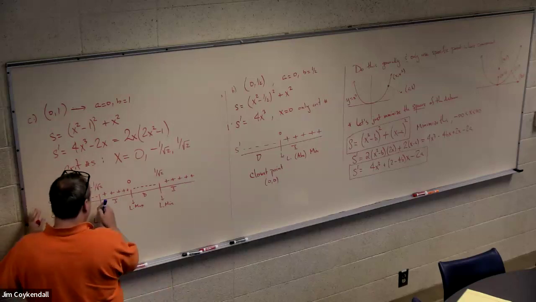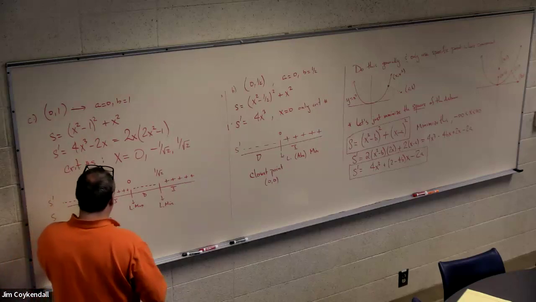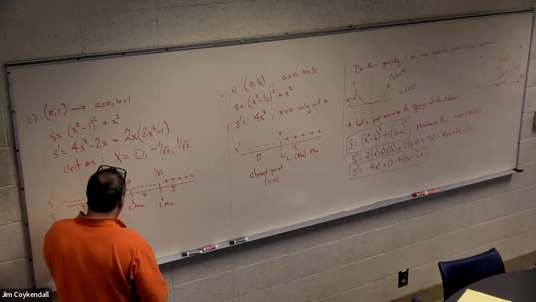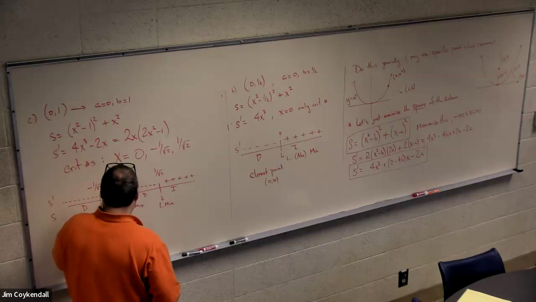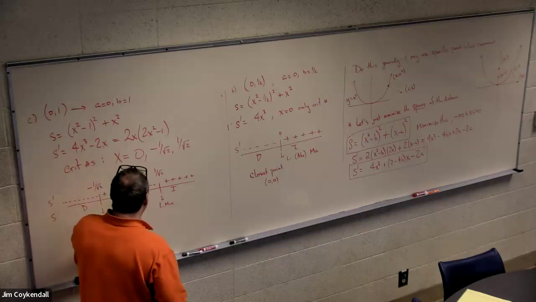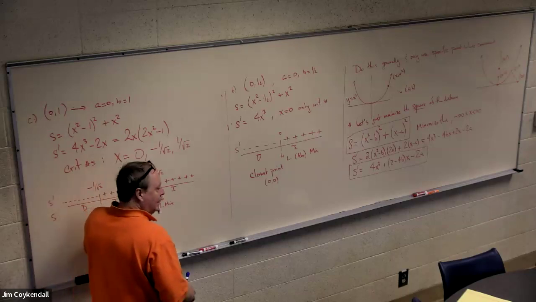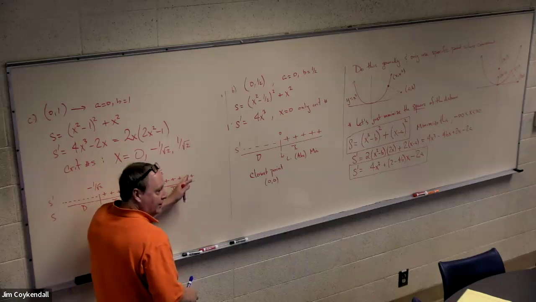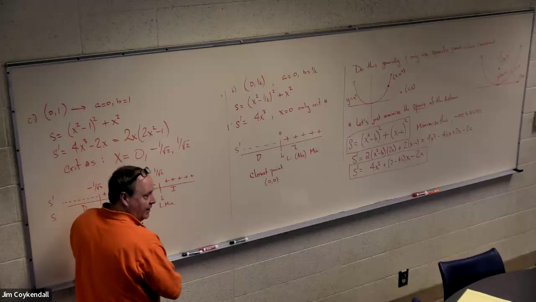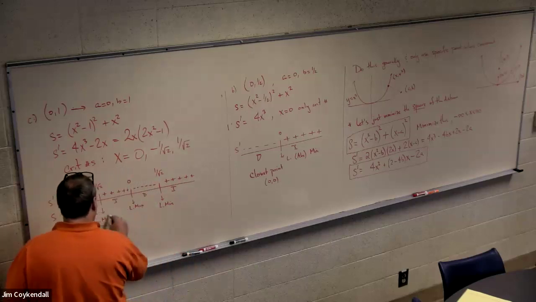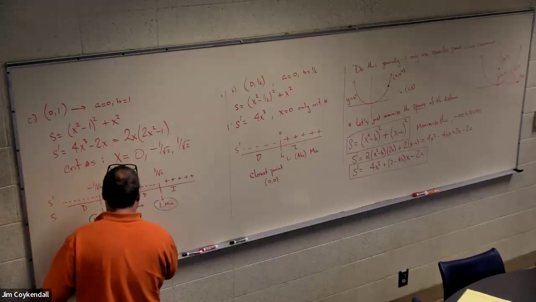Far away, you're getting closer and closer to the point. Now you're getting farther from the point. So after this, it's getting bigger. Now you're getting closer again, and now you're getting farther. So these are the only two places where the local or absolute min can be.